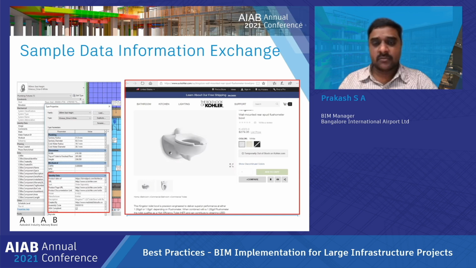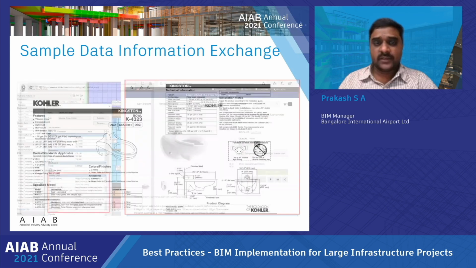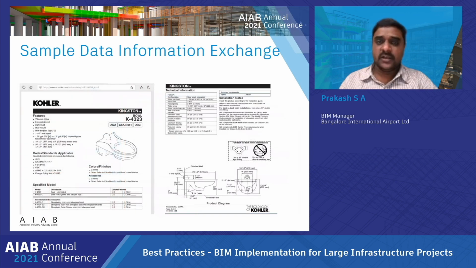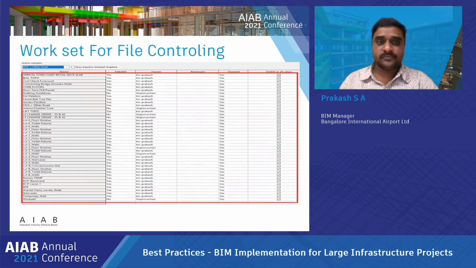When we check all these parameters, it has to work once we go to operations and handover. If you click the URL, it goes to the URL, and if you click the PDF link, it goes to the PDF. Exactly this is what our operations and maintenance teams look at, to maintain the entire terminal building.